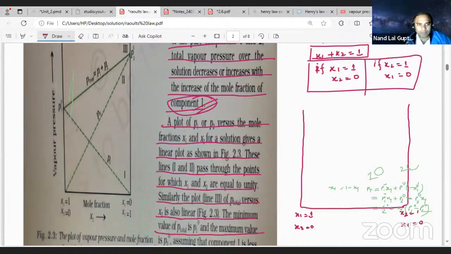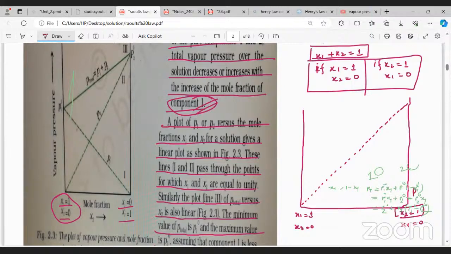Here you see this one. This is from the NCERT book only. x1 equal to 1, so x2 is equal to 0. x1 equal to 0, so x2 is equal to 1. Now see the vapor pressure, how it is. When the mole fraction x2 is increasing, the partial pressure P2 is proportional to x2.